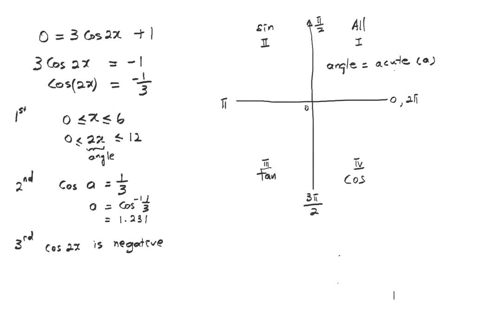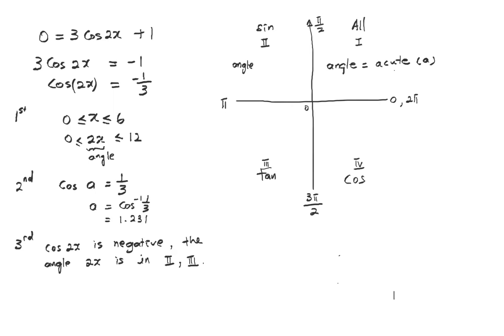So that means the angle 2x is in which quadrant? Second and third. Okay? So if the angle is in the second quadrant, how to find the angle?